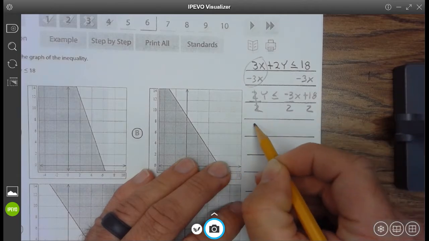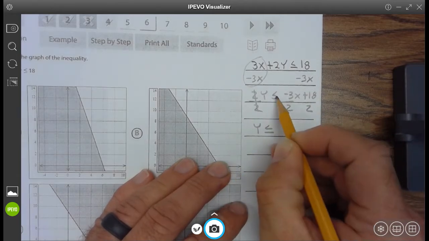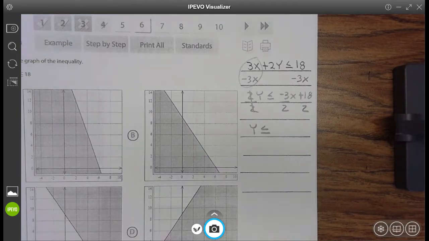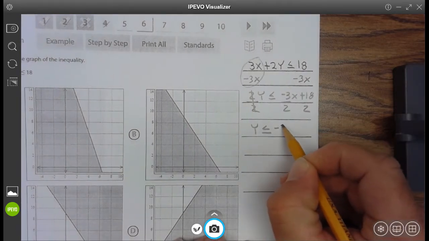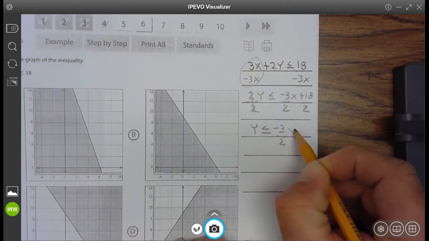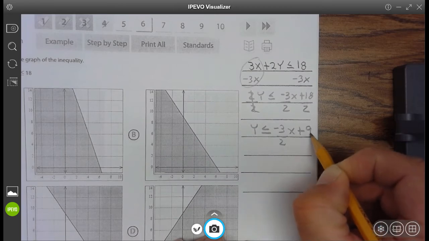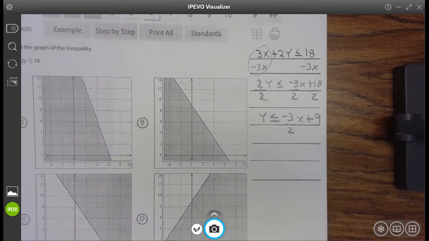That becomes 1. You get y less than or equal to. Notice I didn't flip the inequality because we didn't divide or multiply by a negative. That's negative 3 divided by 2x plus 9. Okay, now let's graph.